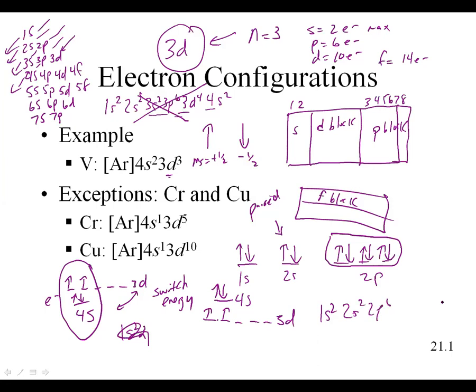That's why we typically write it like this, and you usually should, where the s's come before the d's. Again, that's the filling order and usually how you write electron configuration. Sometimes you will see people write it based on energy rather than filling order, but usually filling order is the way most people will write it.